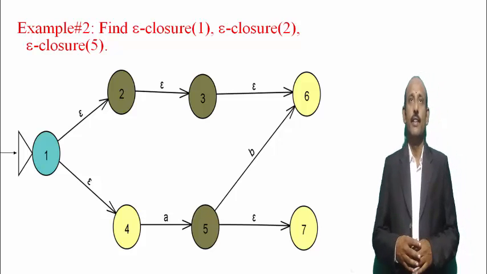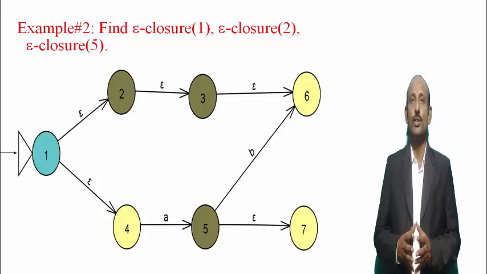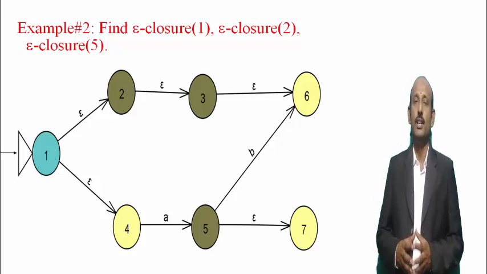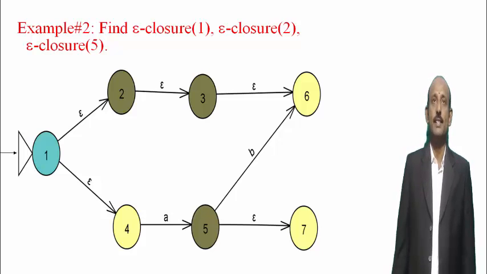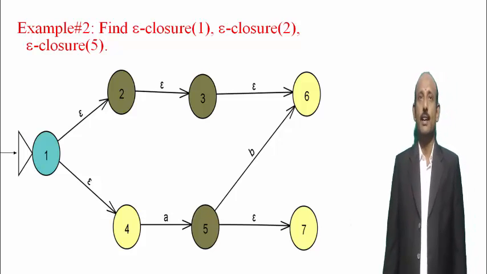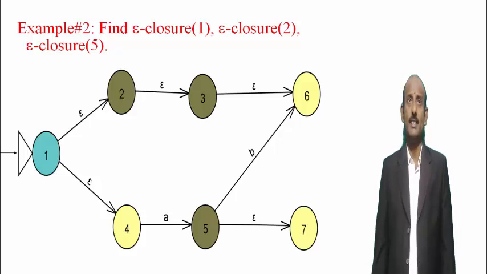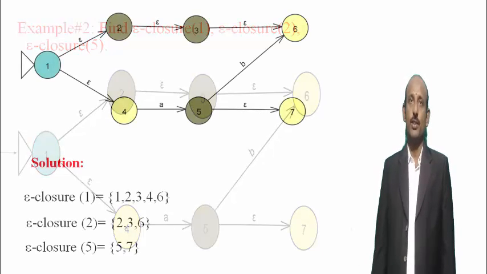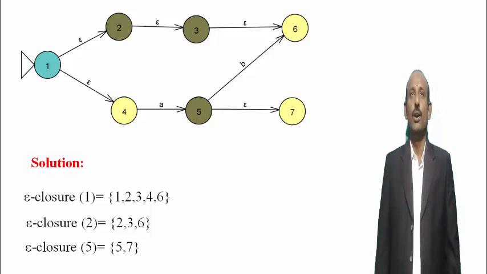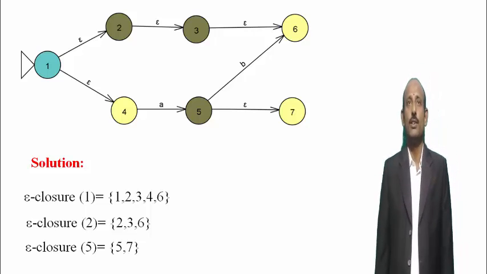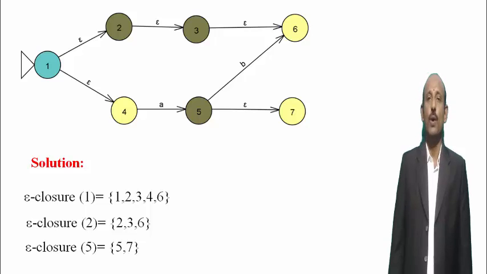So for finding the epsilon closure of 1, first we have to initialize the epsilon closure of 1. From epsilon closure of 1 there are two possibilities for the states: a transition to 2, and 2 to 3 and 3 to 6, similarly 1 to 4. So the epsilon closure of 1 contains 1, 2, 3, 4, 6.